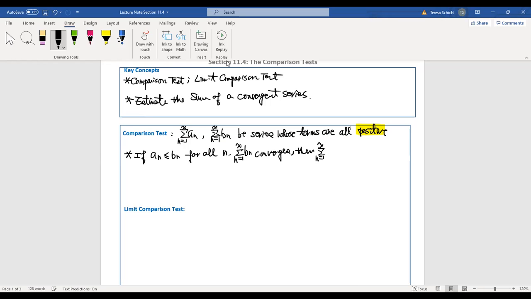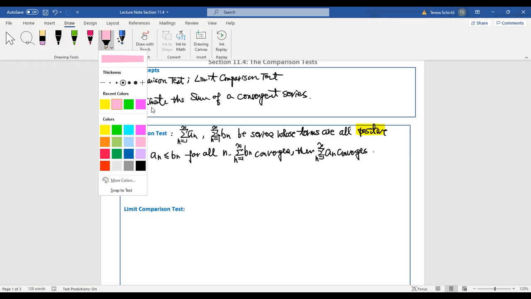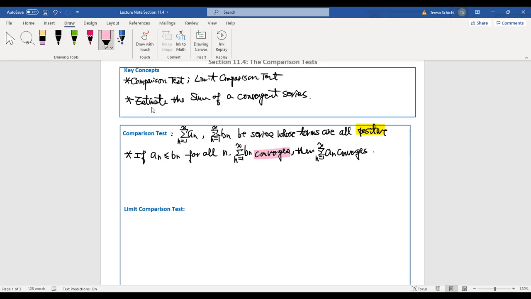This makes sense intuitively: if bn converges, it adds up to some number, and because an is less than bn, an converges as well.